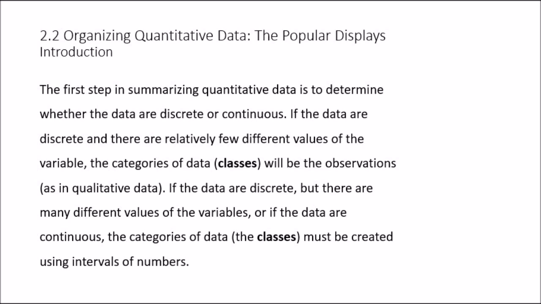If the data are discrete, but there are many different values of the variable, or if the data are continuous, the categories of data, the classes, must be created using intervals of numbers. So if our data is discrete, then we follow the same steps that we followed when we organized the qualitative data. But if the data is continuous, then we need to create intervals of numbers.